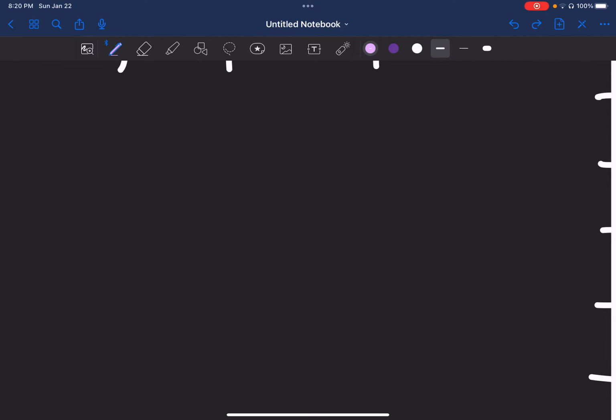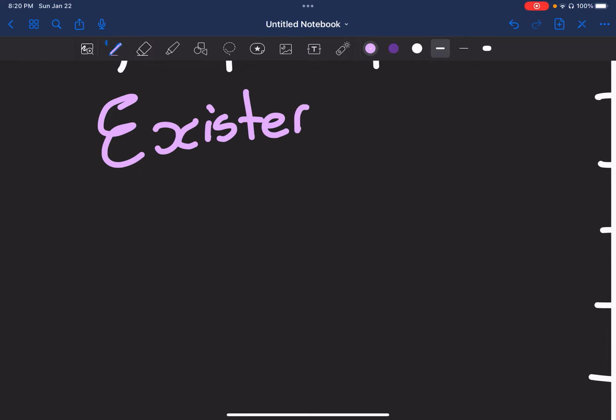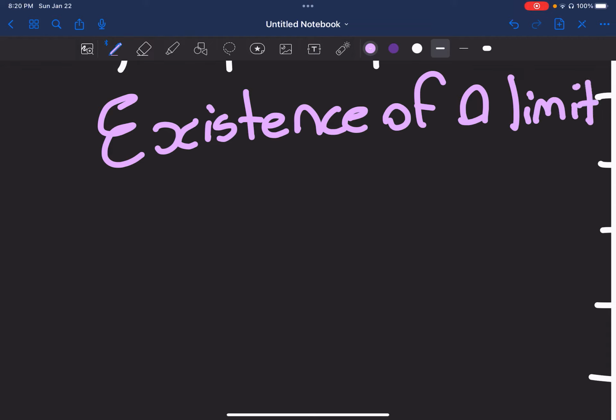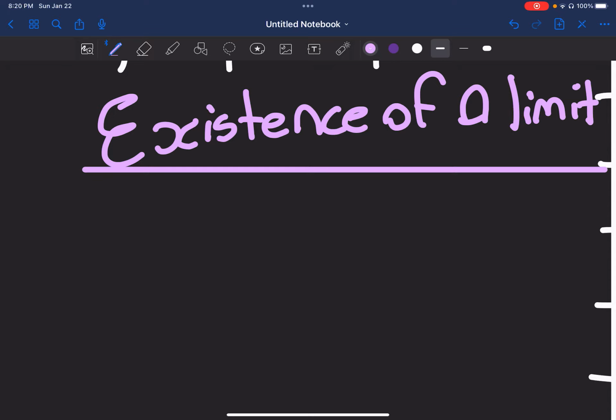So let's look at the things that allow a limit to exist. Let's write the existence of a limit. For a limit to exist, the left-hand limit must exist at x equal to a.